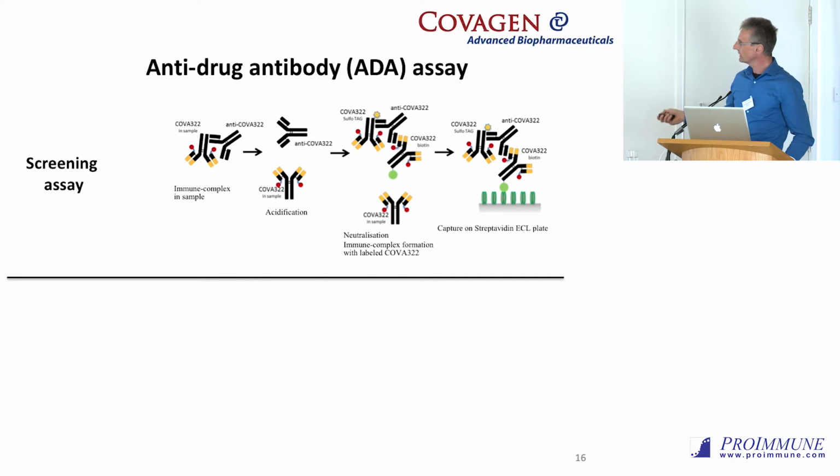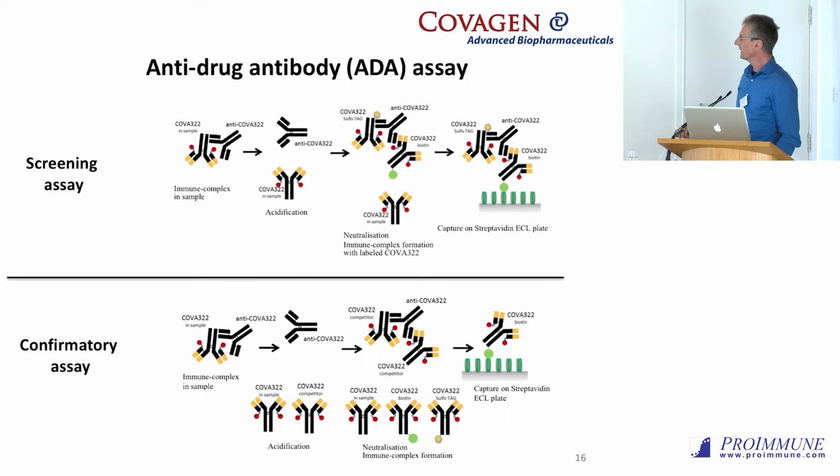And the screening assay is in a way set up so that you get 5% of false positives. You want to be hypersensitive. This is according to the guideline. And then in a second step, when you get positive results in your screening assay, you do a confirmatory assay, where you actually use CoVA322 without a label, and that works as a competitor.